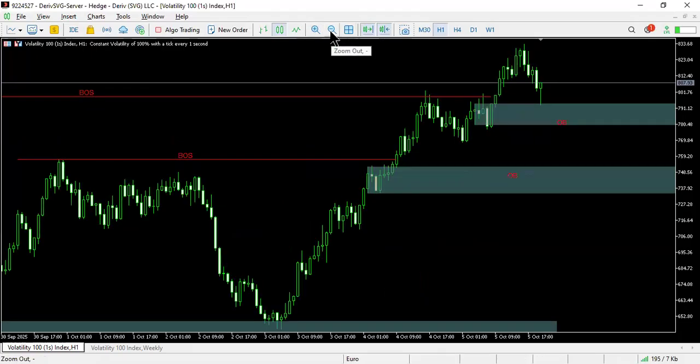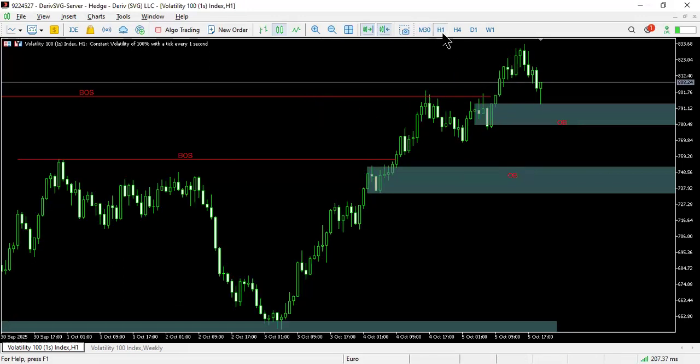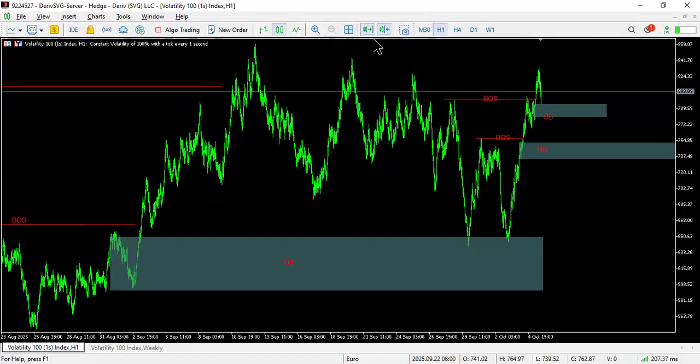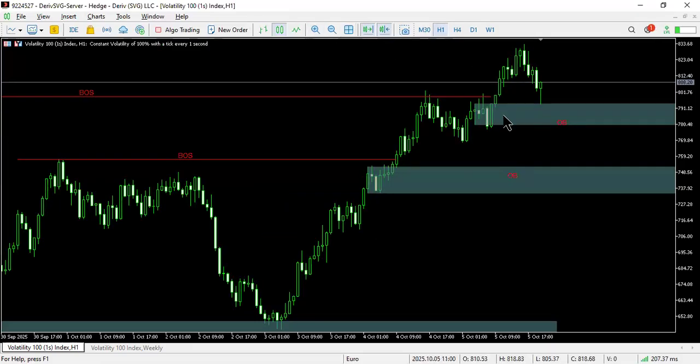So let's see what price is going to do. But from the look of things, it's looking like we are retracing. We are pushing up from this order block, but we'll see. But I'm not about to place an entry here. Why?